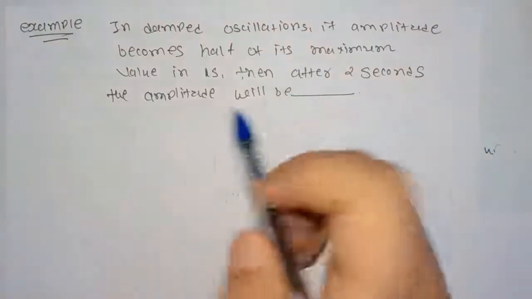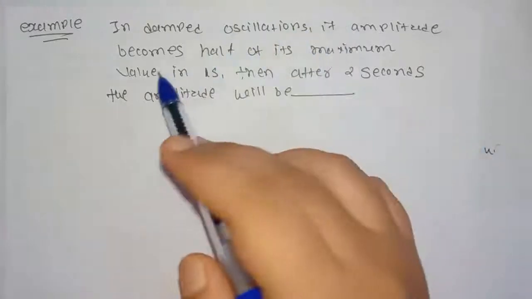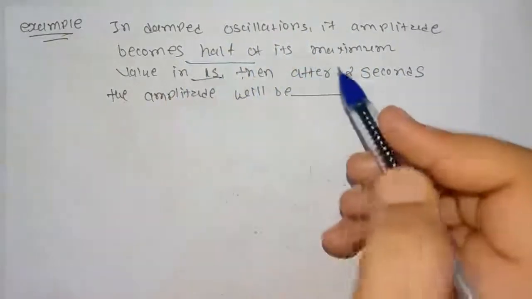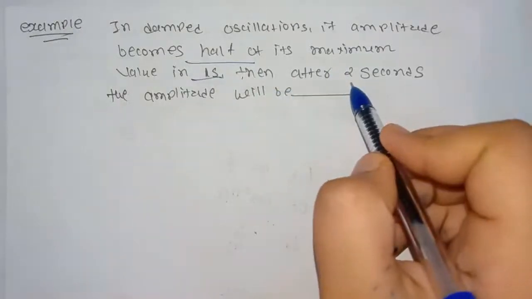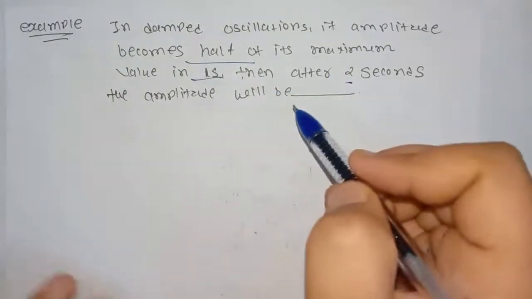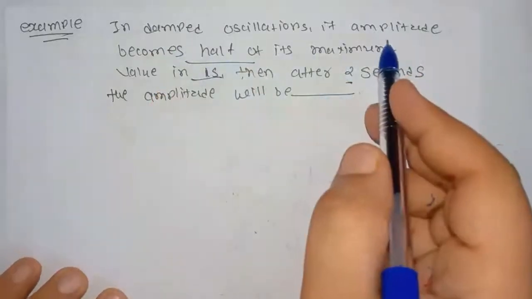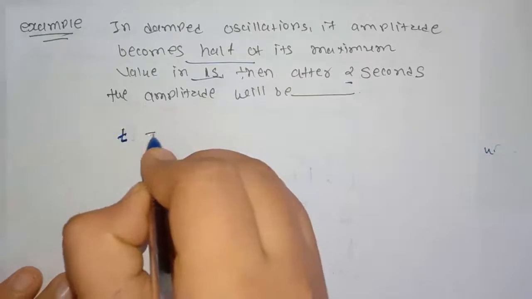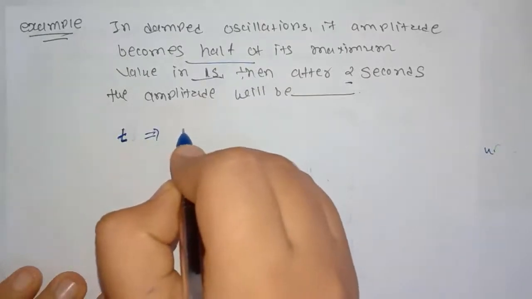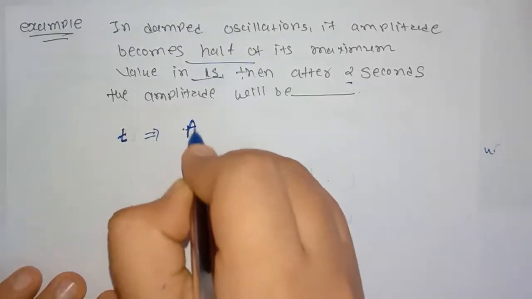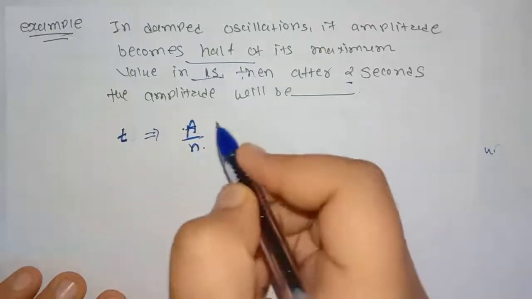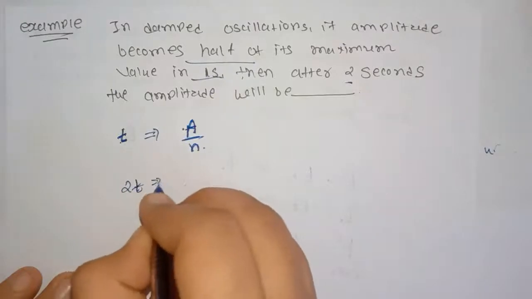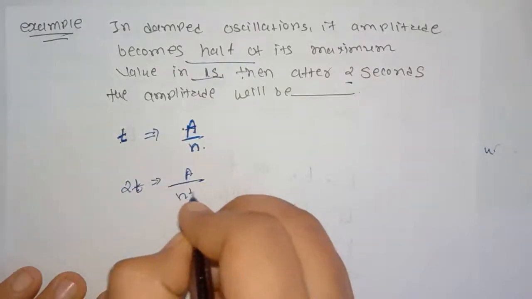In this example, in damped oscillations, if the amplitude becomes half of its maximum value in 1 second, then after 2 seconds, the amplitude will be. In the damped oscillation, if after t time the amplitude becomes a by n, then after 2t times the amplitude will become a by n square.